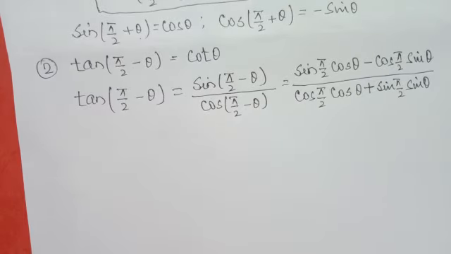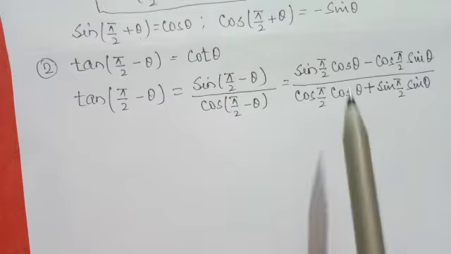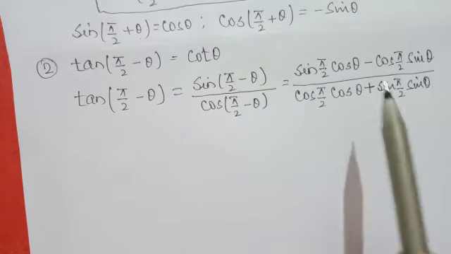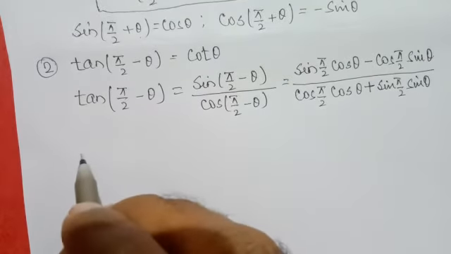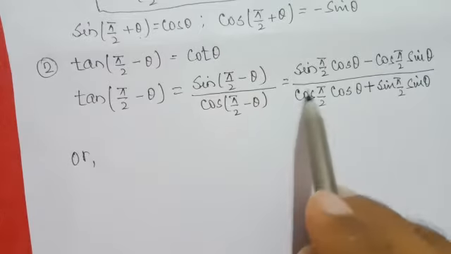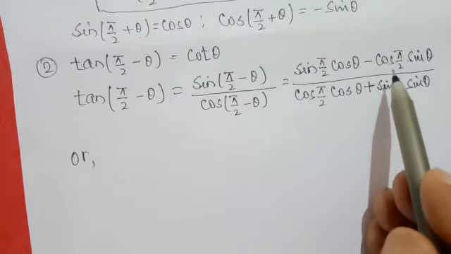Now write down the values of sin 90 degrees and cos 90 degrees. So you know sin 90 degrees is 1, cos 90 degrees is 0.